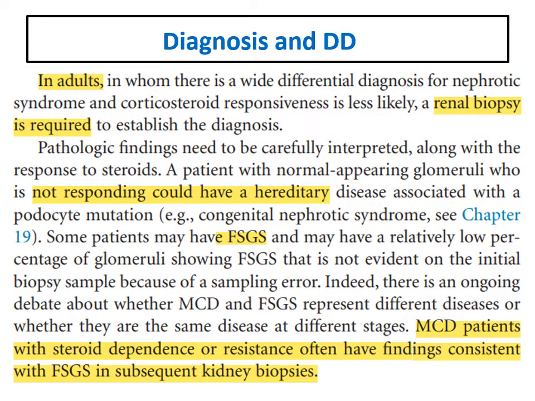In adults, the scenario is different. In adults, minimal change represents only 10 to 20% of cases. So in adults presenting with nephrotic syndrome, a renal biopsy is required to establish the diagnosis. This is not clear-cut like in children.